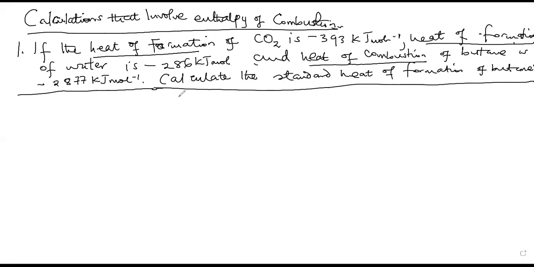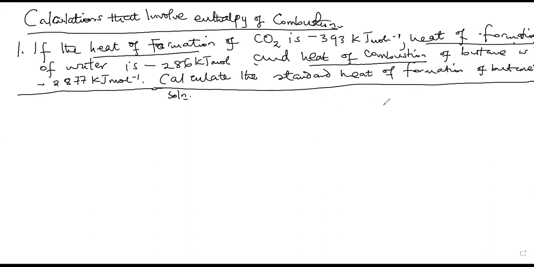If the question says calculate the standard heat of formation of butane, you need to first know what butane is and how to write it. That will give us the required equation. Butane is a hydrocarbon, and hydrocarbons consist of carbon and hydrogen atoms only.